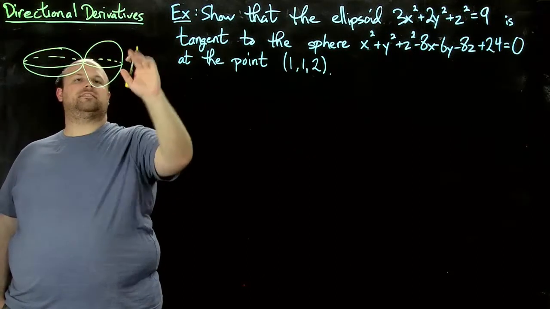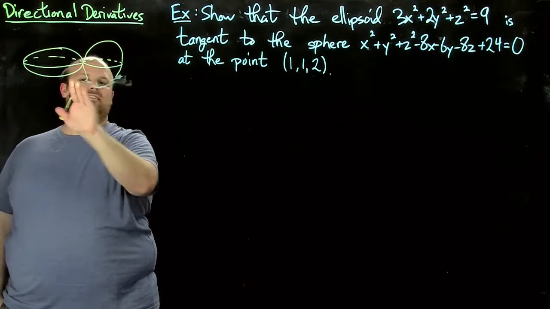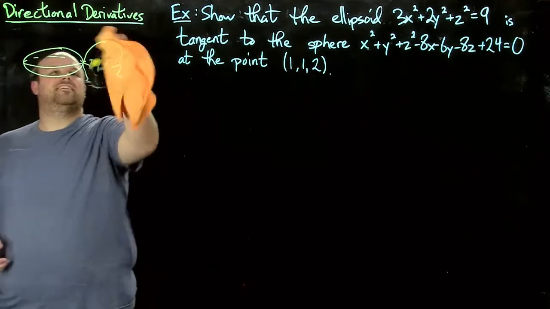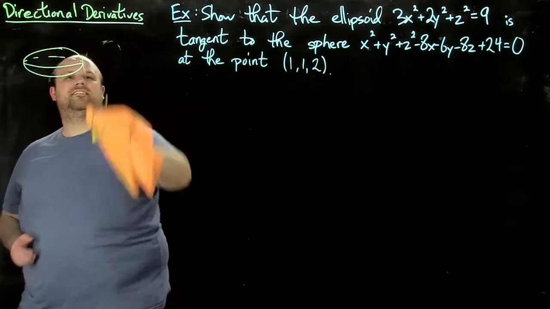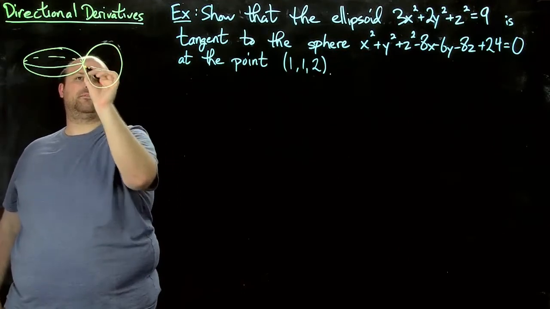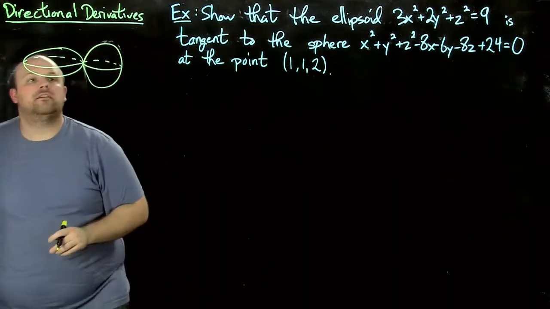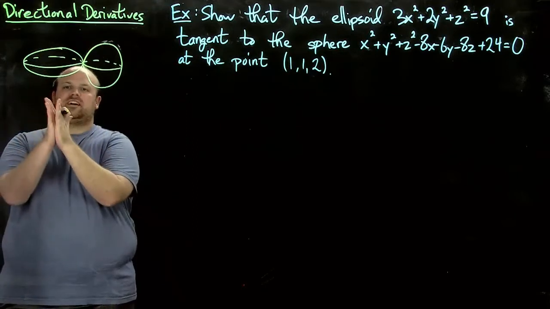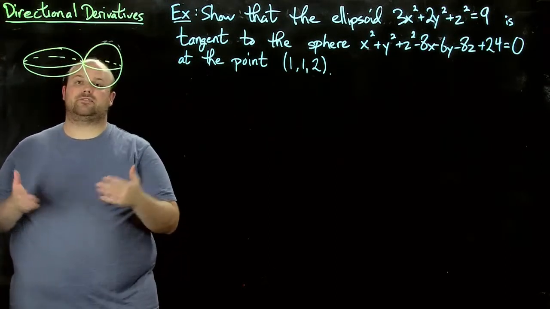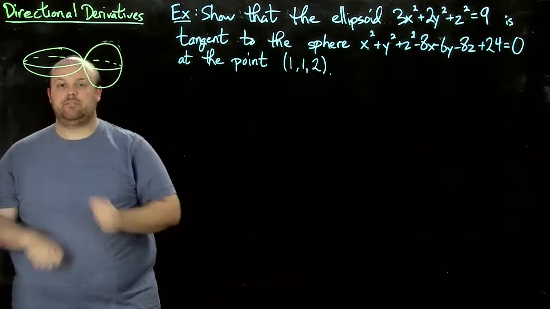That's not a very good sphere, is it? Let's try this again. Not perfect, but better. So we're asking that they just touch like that. They just barely kiss each other. There's no actual crossing through each other.